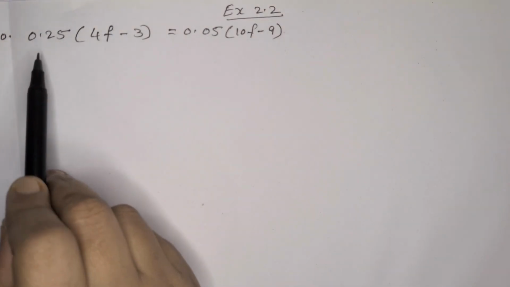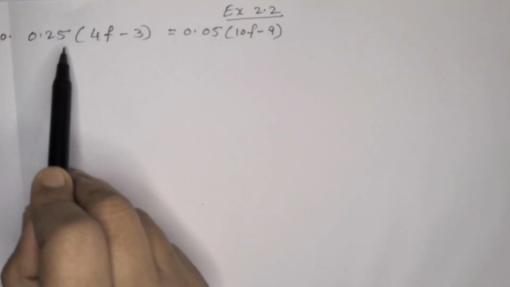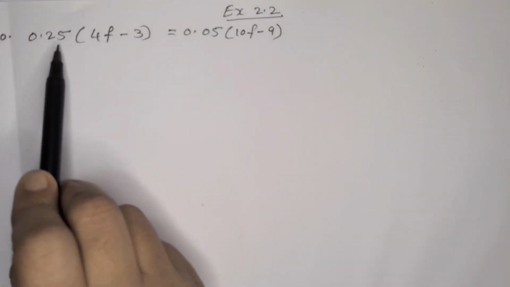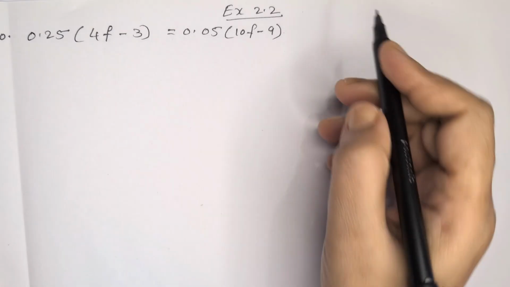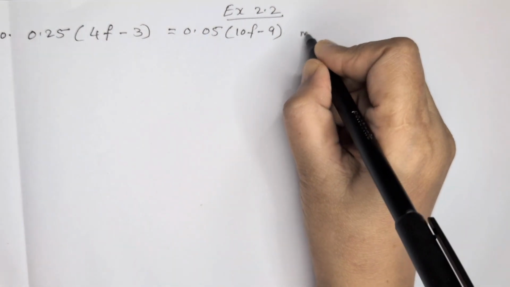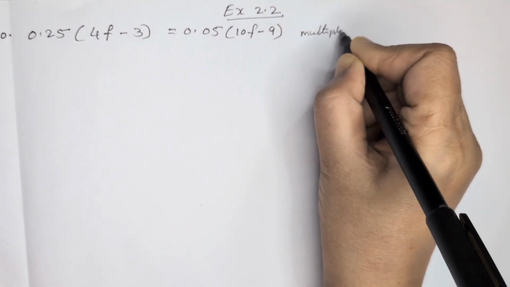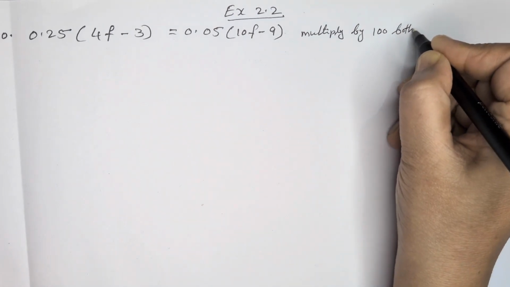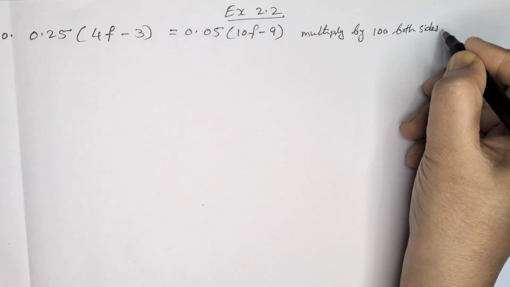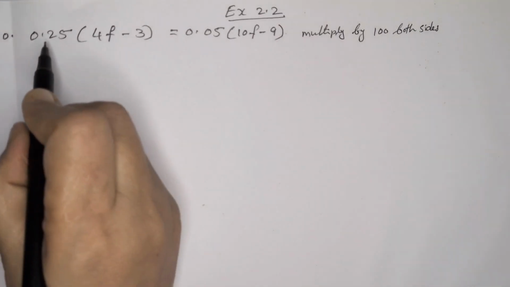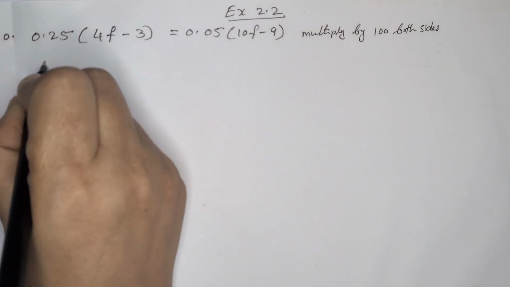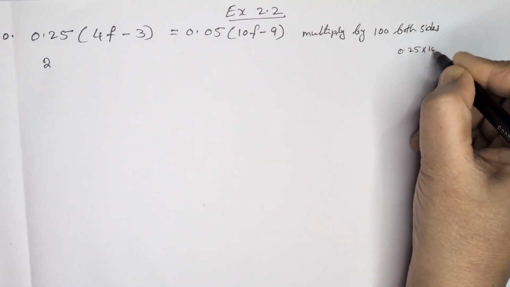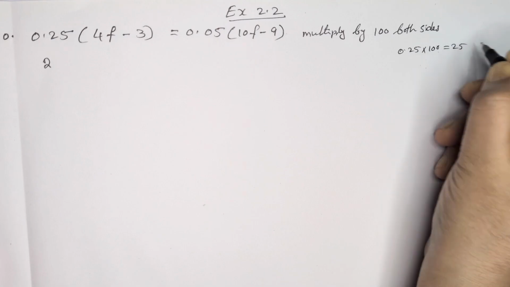Question number 10. Here we can see 0.25 on the left side and on the other side 0.05. Two decimal places are coming on both sides. So if we multiply both sides by 100, we can remove the decimal point. 0.25 into 100, two places to the right, becomes 25.